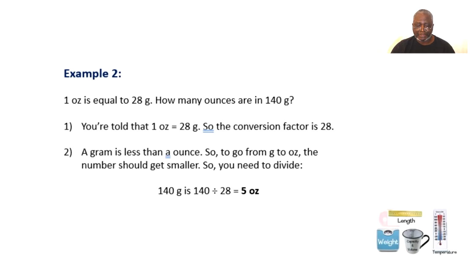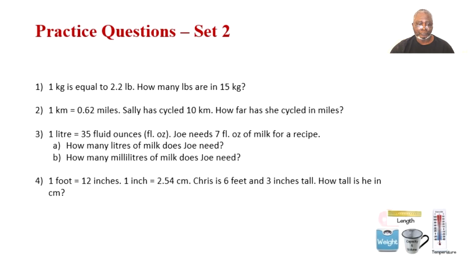So the conversion factor is 28. 1 gram is less than an ounce. So to go from grams to ounces, you have to divide. So 140 grams is 140 divided by 28, which is equal to 5 ounces.